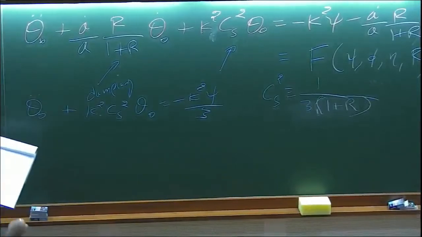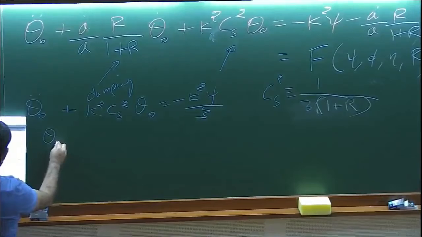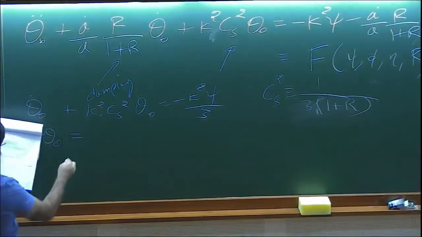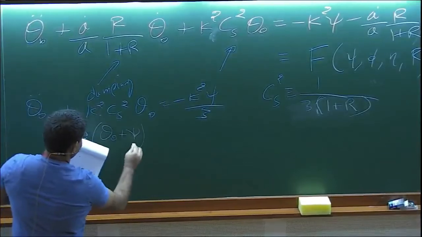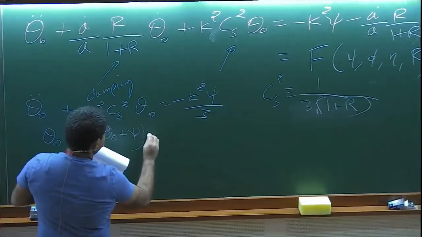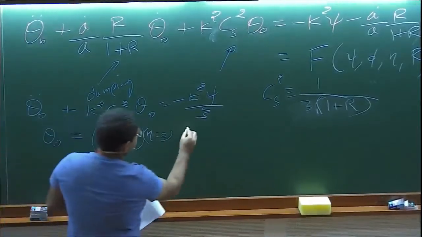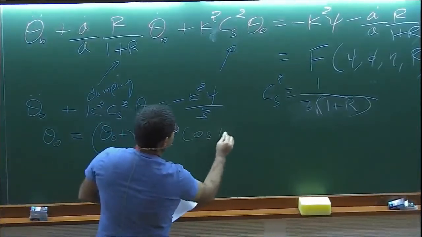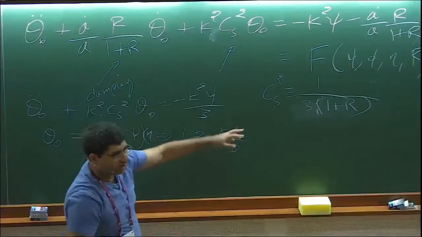The solution is, you solve this equation, theta 0 plus psi at time t equal to 0. This is the initial amplitude, and it is oscillating with, again, the same frequency. We do not have any baryons, so we don't need the sound horizon.